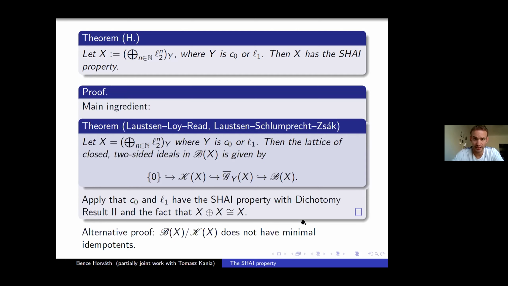I was still using the ideal characterization, but I had to go through all the ideals here, and when considering which of these ideals the kernel can be, I wanted to exclude the compact operators. So what I did there is argue that the Calkin algebra of X cannot have minimal idempotents. I'm not going to define them here because I'm not going to use them. So why is it not Horváth and Kania, and why is it just me? Because it's an older result, just proved in an easier way.